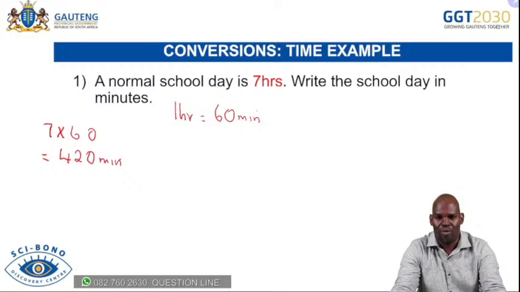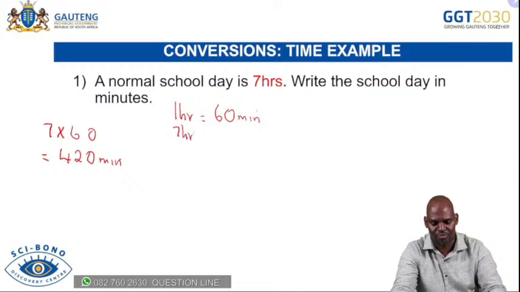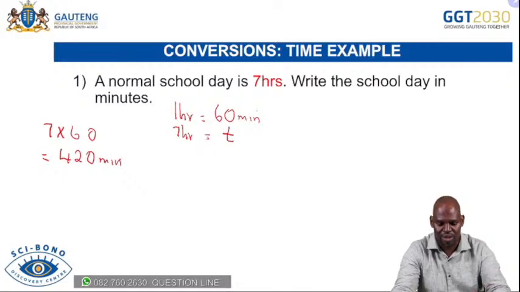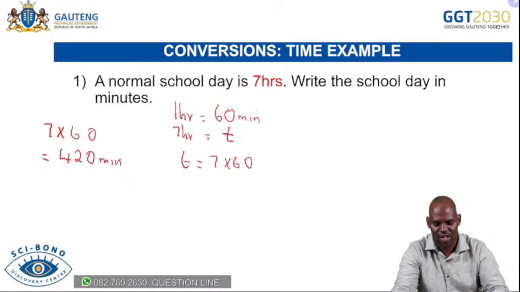Okay, but some of you might not be comfortable with just multiplying. Maybe you are so used to the cross multiplication, then you can also use the cross multiplication. For this one, we say, right, if it's 7 hours, okay, then we need to know the time. We do the cross multiplication. Time is t multiplied by 1 is t, but we still say 7 multiplied by 60, then the answer is 420.